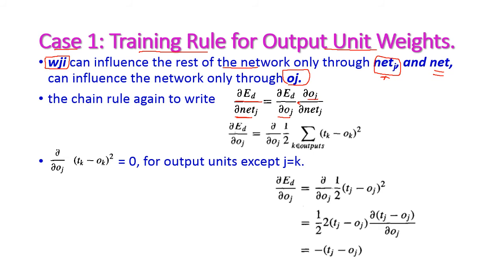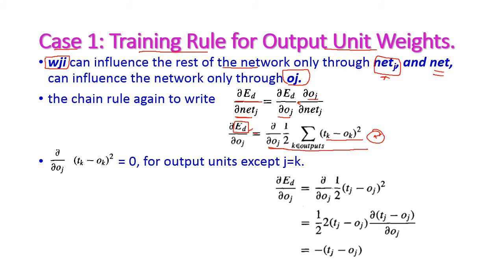We already know Ed is equal to 1 by 2 summation of k belongs to outputs of (Tk minus Ok) whole square, as we have seen in the previous slide. Hence, the differentiation of Ed divided by differentiation of oj is equal to the differentiation of 1 by 2 summation of k belongs to outputs of (Tk minus Ok) whole square divided by doj.